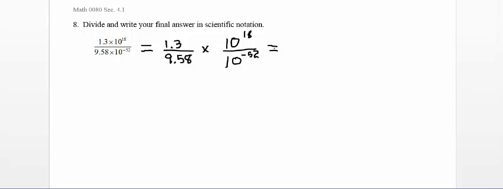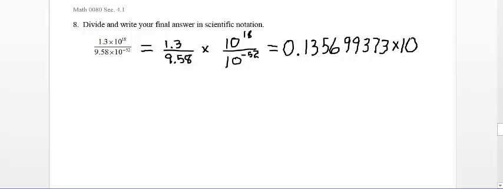So when I divide 1.3 by 9.58, I actually get a number 0. These are the digits that showed up on my calculator. 0.135699373 times 10 to the 18 minus negative 52.